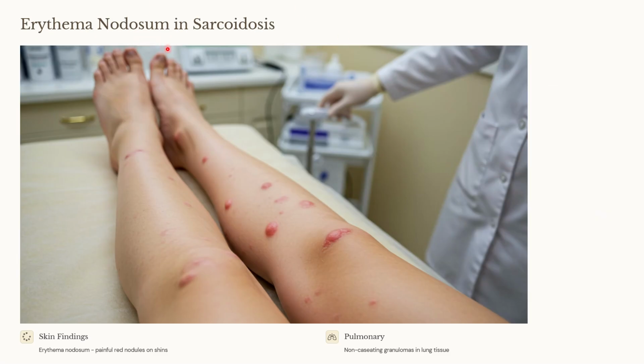Erythema nodosum is a skin manifestation of sarcoidosis. In sarcoidosis, there are painful red nodules on the shin. I will tell you in detail about it. The vignette for erythema nodosum will be asked to you like a patient having non-caseating granulomas in the lung, and they can also give you an African origin, a middle-aged woman, and she presents to you with painful red nodules on the shins.